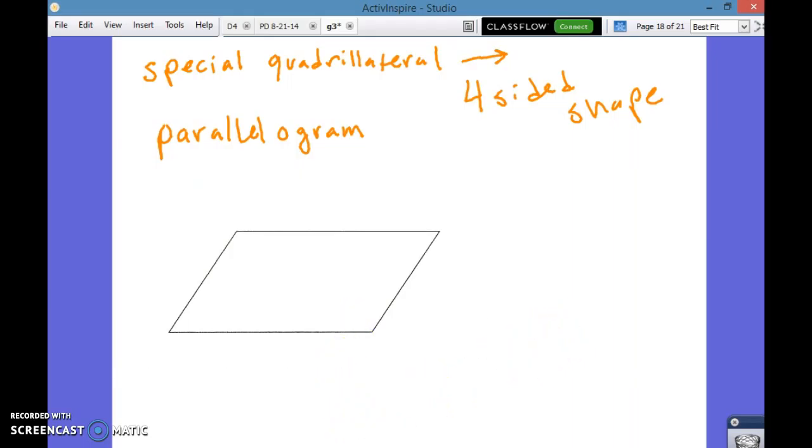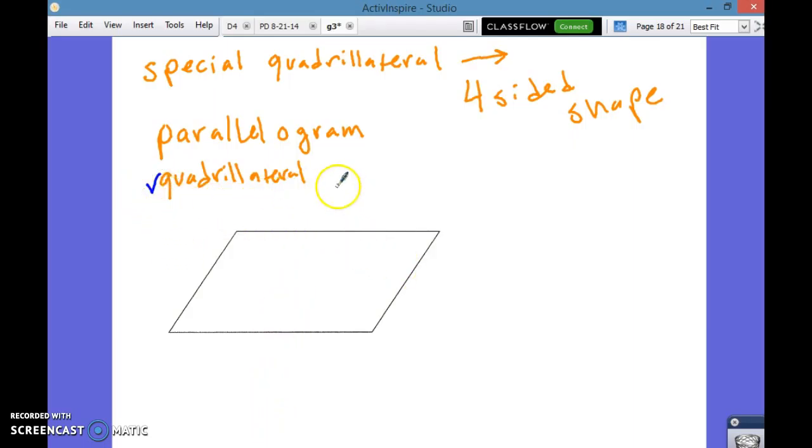Now, the definition of a parallelogram is what we're going to start with. The definition of a parallelogram, get my pen tool. The definition of a parallelogram is this. Any quadrilateral, first of all, like I said, it needs to be a quadrilateral, is the first characteristic.